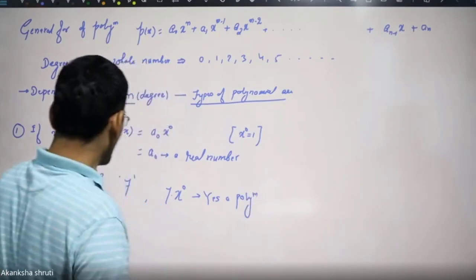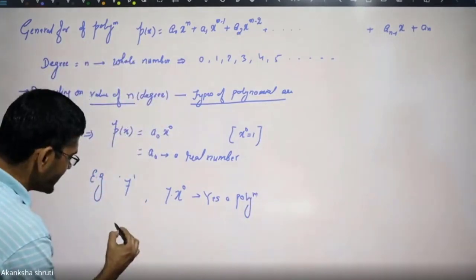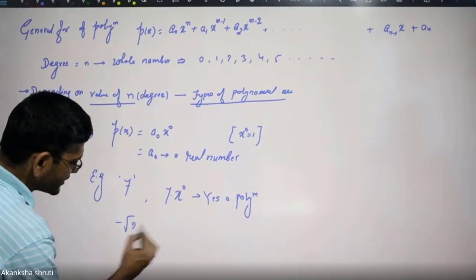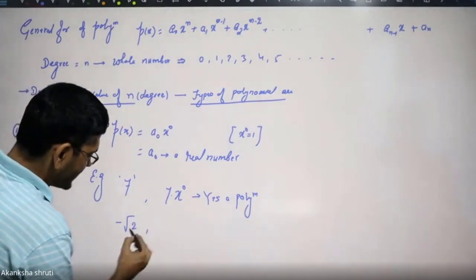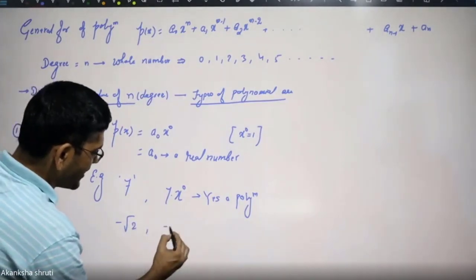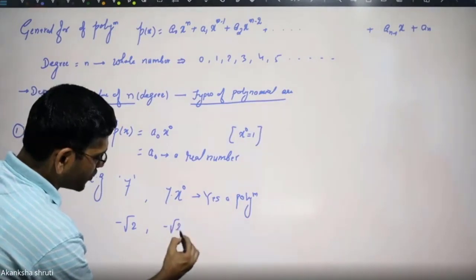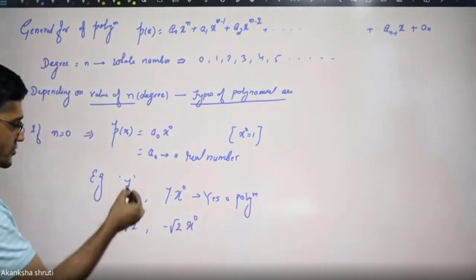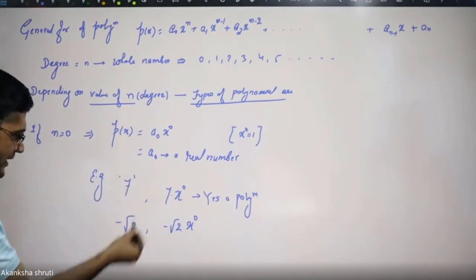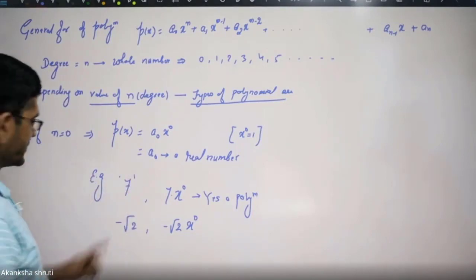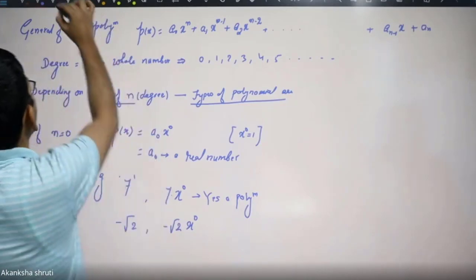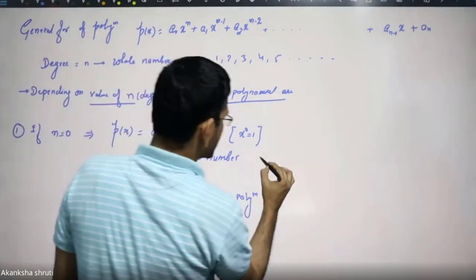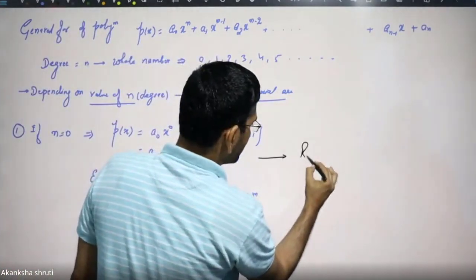So such a polynomial, even minus of root 2, whether it is a polynomial or not? Yes, root 2 is a real number. Minus of root 2 x to the power 0 can be written. So such a number, what we are observing as the real number, they are also called as the polynomial, and such a polynomial is called as real polynomial.